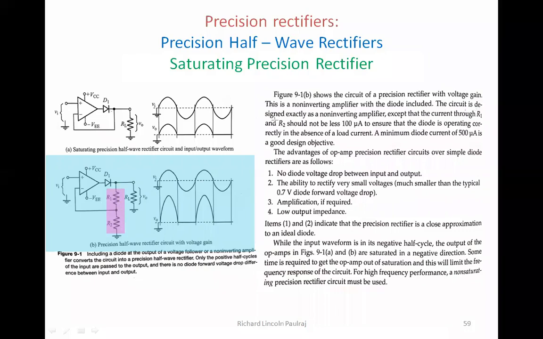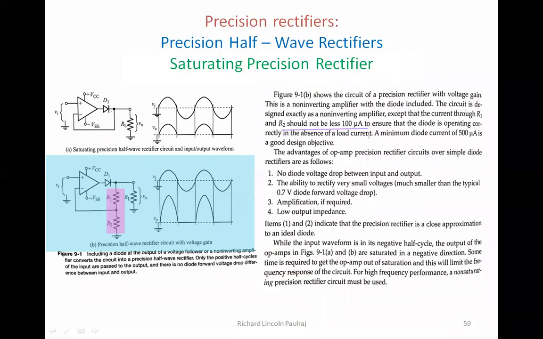The circuit is designed exactly as a non-inverting amplifier, so there is no 180-degree phase shift, except that the current through R1 and R2 should not be less than 100 microamps. So there is a threshold of about 100 microamps. It should not be below that, but above it, to ensure that the diode operates correctly in the absence of load current.